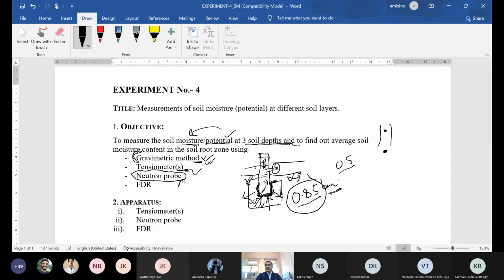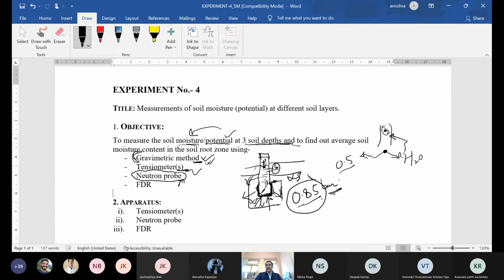So once neutrons are emitted, they collide with the hydrogen ion or hydrogen atom of H2O, and then their velocity is reduced. So after a certain time, they are repelled back to get collected into the collector, and are counted by this collector.